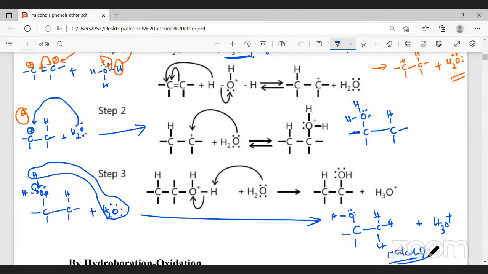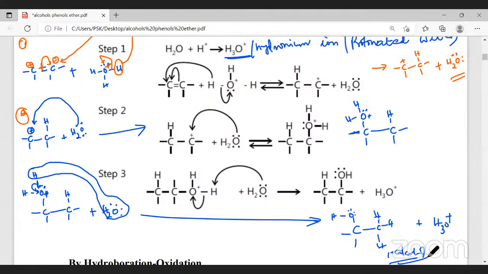So this mechanism of reaction is important. They can ask you to explain the mechanism of acid catalyzed hydration of alkenes. This is important. Did you follow this mechanism? Students, are you there? Yes, sir.